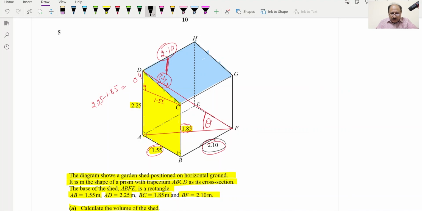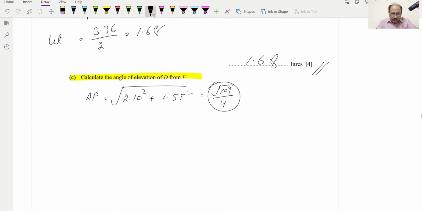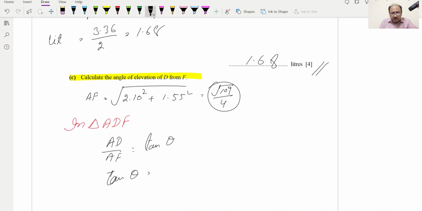So we can write in triangle ADF, AD over AF is equal to tan of theta, and tan theta is equal to 2.25, which is AD, divided by AF, which we just found, which is root of 109 over 4.